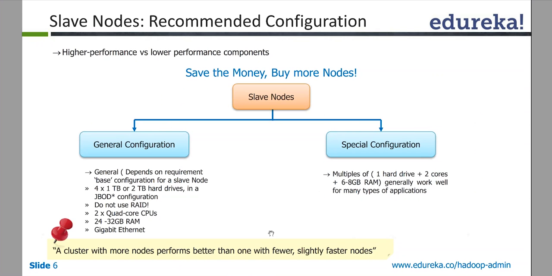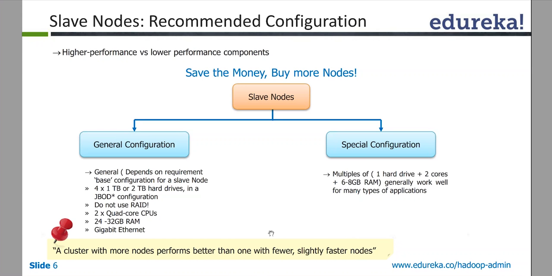So if we talk about the cluster nodes, there are two types of node in the Hadoop cluster. One is the master node, and the others are the worker nodes or slave nodes. Hadoop says that my slave nodes are bound to fail, I mean, I'm expecting that my slave nodes will fail at some point of time because of a lot of processing and a lot of storage on those nodes.